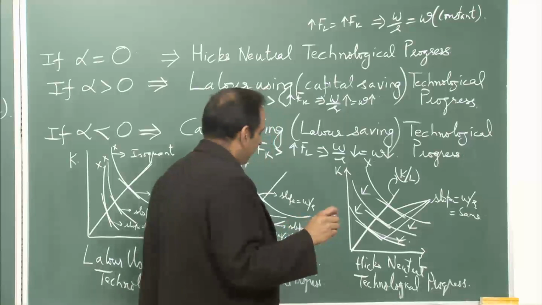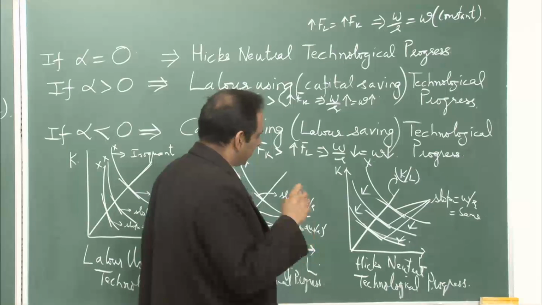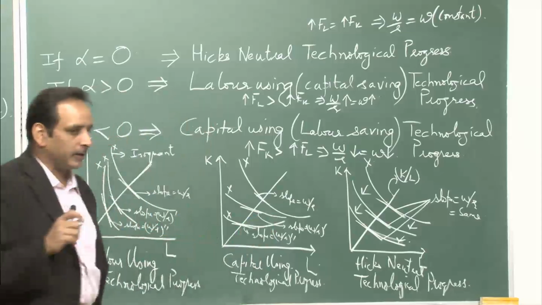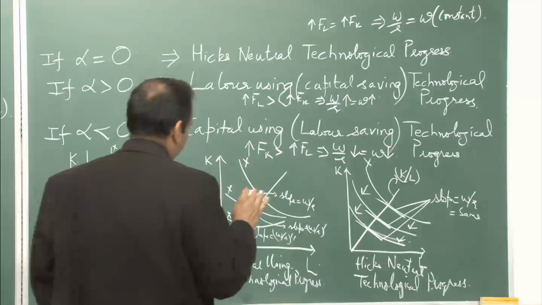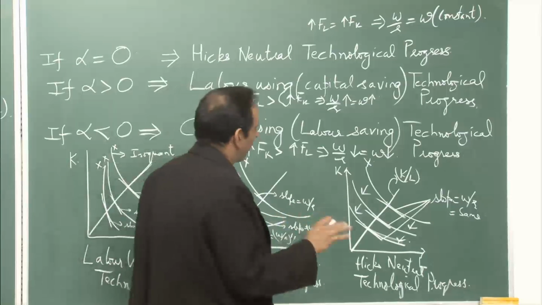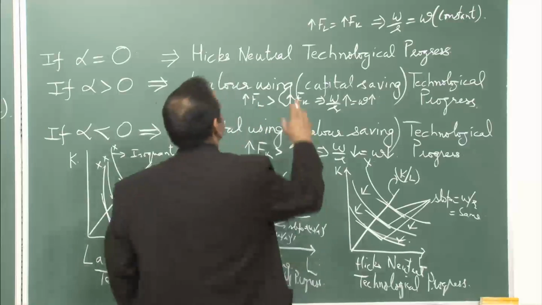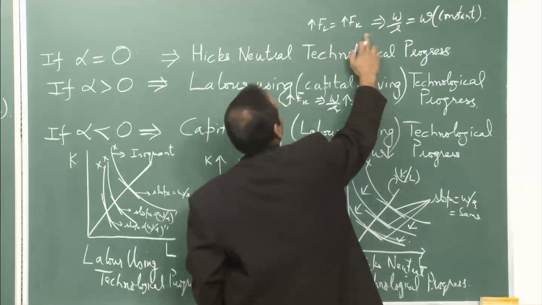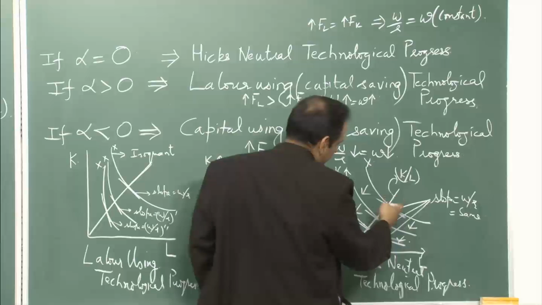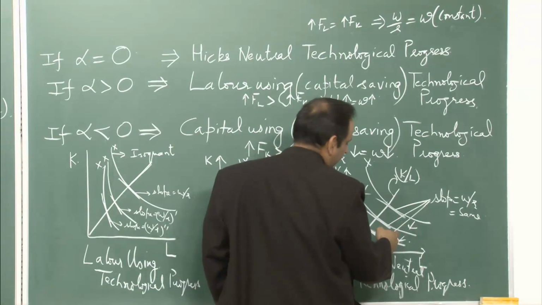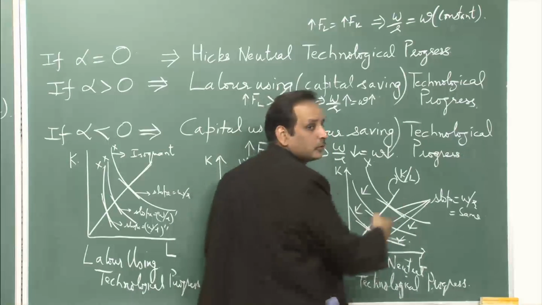But Hicks neutral technological progress is that when you use less capital and labor, the marginal productivity increase is the same for capital and labor. So, increase in FL is equal to increase in FK, and the W by R ratio remains the same. You can see that these parallel isoquants have the W by R ratio remaining the same.